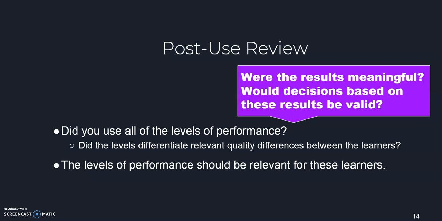Or did you find that most learners were in the B category, even though there were differences of performance in between? In that case, you might have to split that descriptor into two different levels, so that everyone's not just falling into the B level. Maybe you want to make that more clear, that there's a B plus, a B, and a B minus, or a higher B or a lower B, or whatever the situation might be.